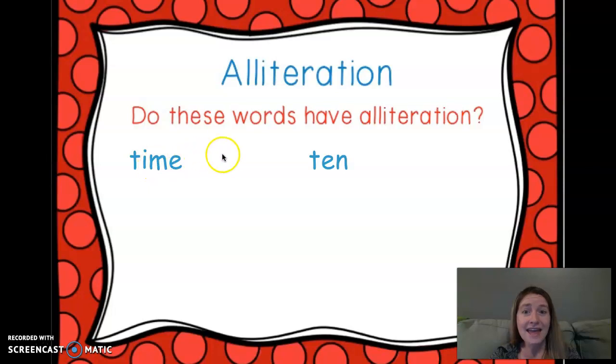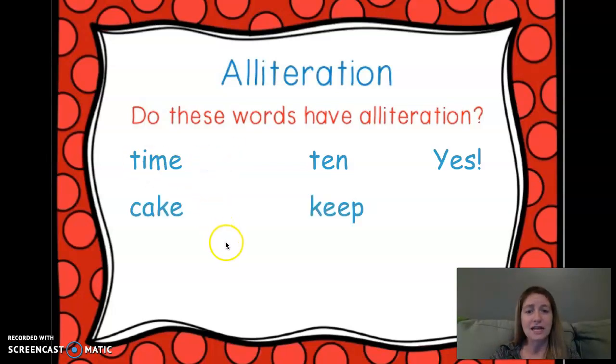Time and ten. Do those words have alliteration? I'm thinking, do they both start with the same sound? I know they both start with the letter T, but do they have the same sound of T? Time, ten. Yes, I know that my mouth makes the same sound for both.